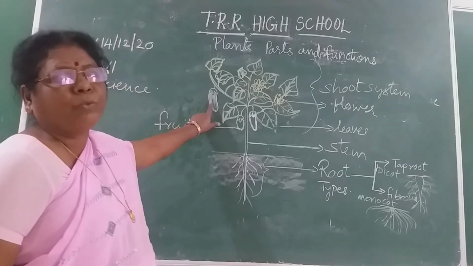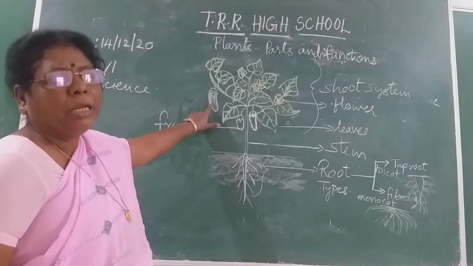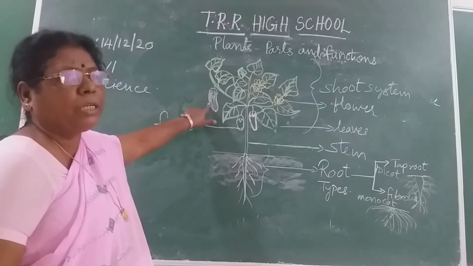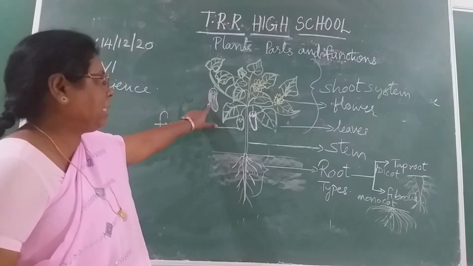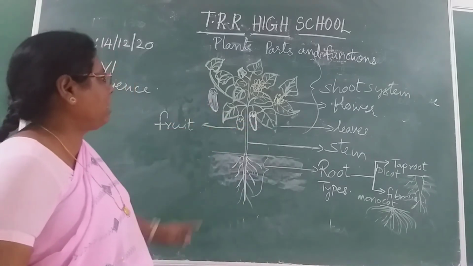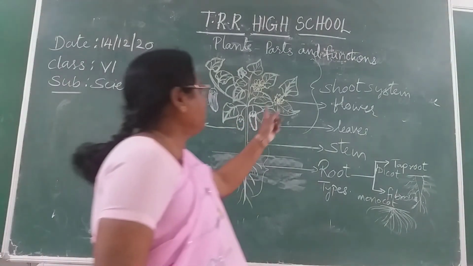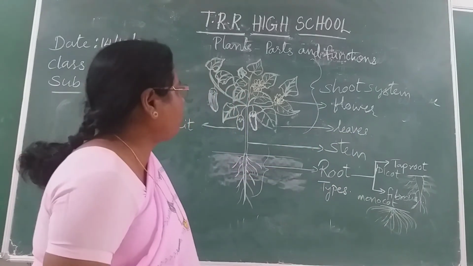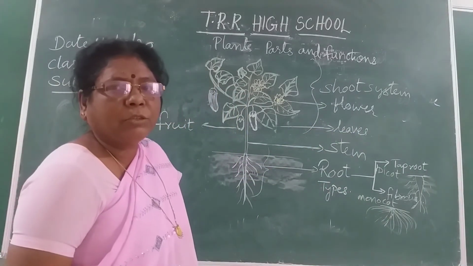In science, a vegetable is not called a vegetable; scientifically, it is called a fruit only. You are seeing the fruits, flower, leaves, stem and root. These are the parts of the plant.